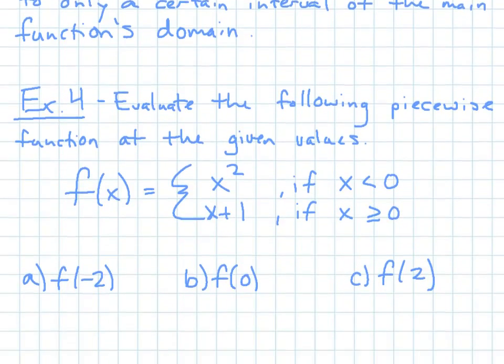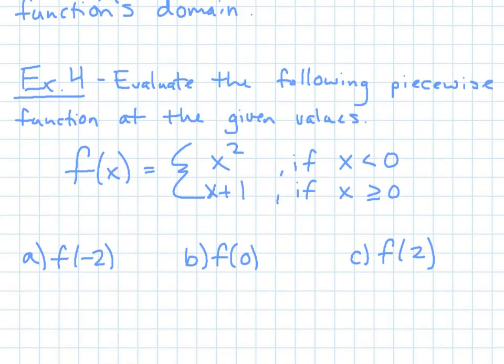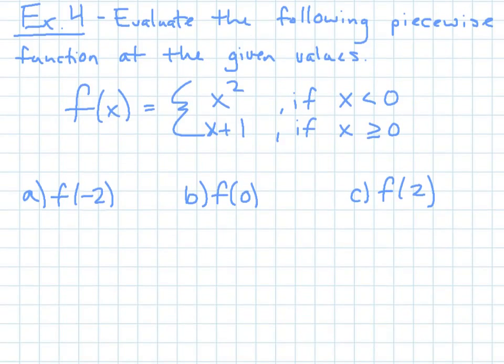Like here, for example 4, we want to evaluate the following piecewise function at the given values. If you have the function x squared, where x is less than 0, then for all the values where x is less than 0, x squared is the function over that domain.